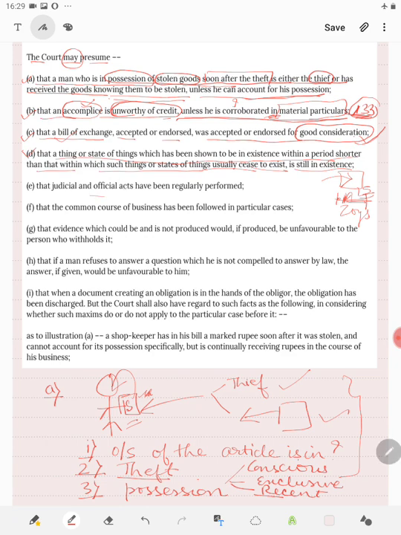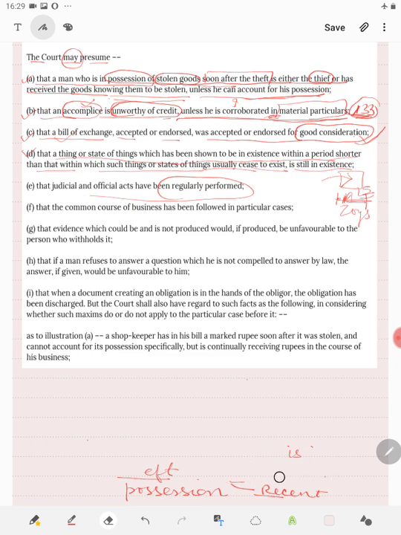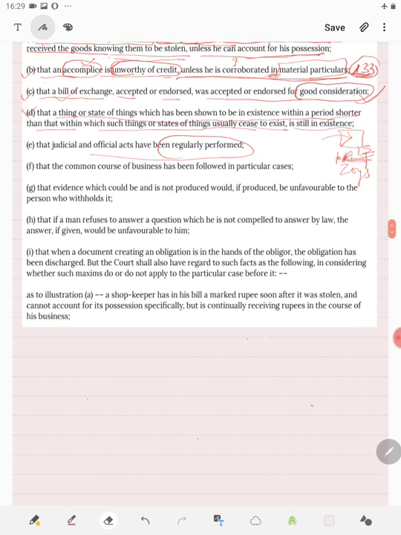Then E: that judicial and official acts have been regularly performed. Now, this is important and we will discuss it in detail. See, whenever there is an act, if a question is raised on every act, then it will be very difficult to carry out any proceeding.